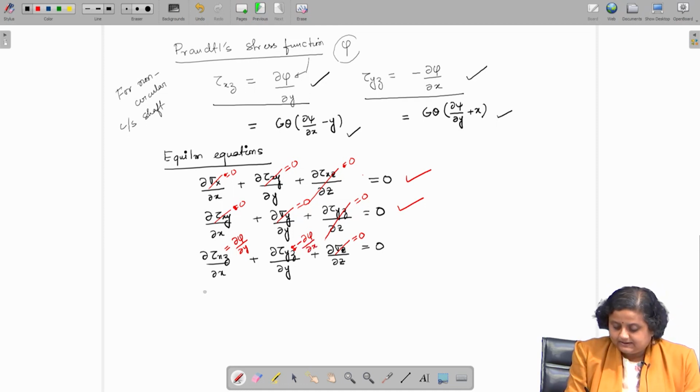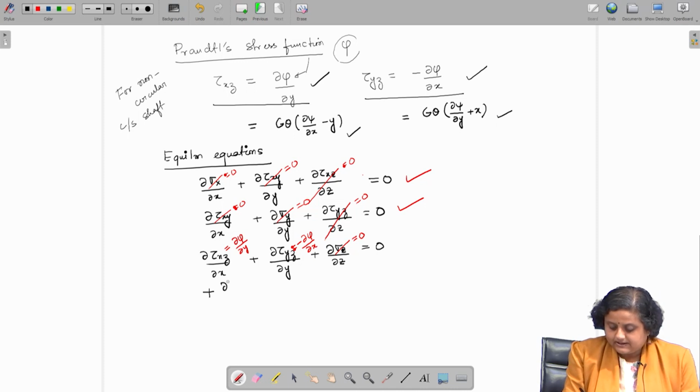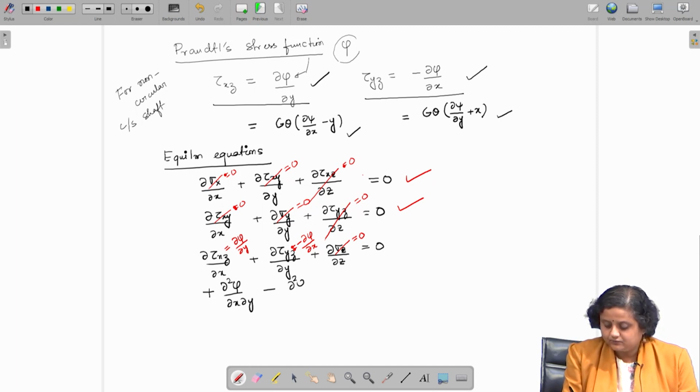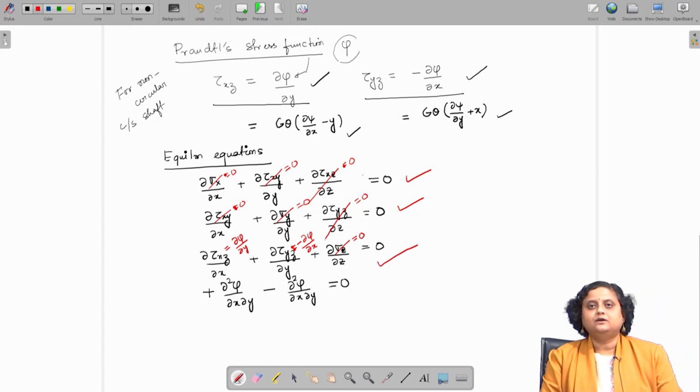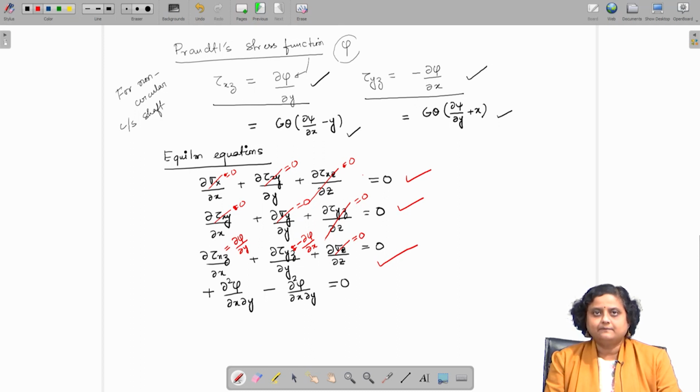So, this is plus del 2 phi by del x del y, and this is minus del 2 phi by del x del y, which is equal to 0. Therefore, this equation is also satisfied. So, we can say that the assumption for the Prandtl stress function satisfies all the equilibrium conditions.